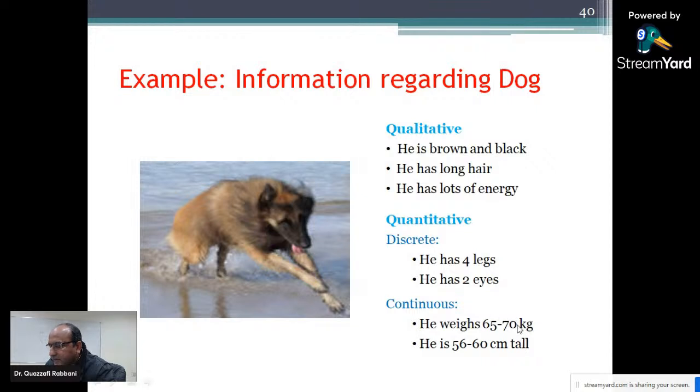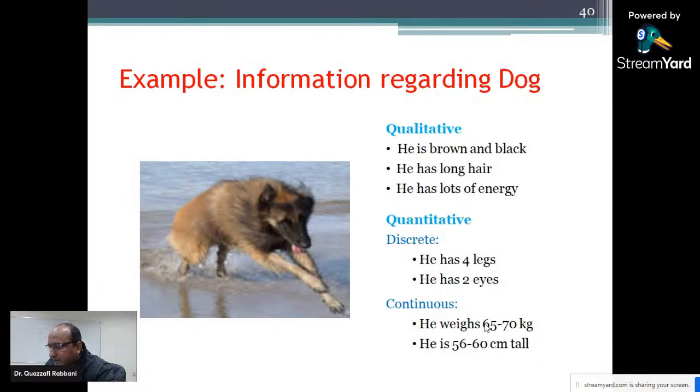So this range can take infinite values between 65 to 70. So this is the continuous data. If you say the length of the dog is 56 to 60 centimeters, here the 56 to 60 is continuous.